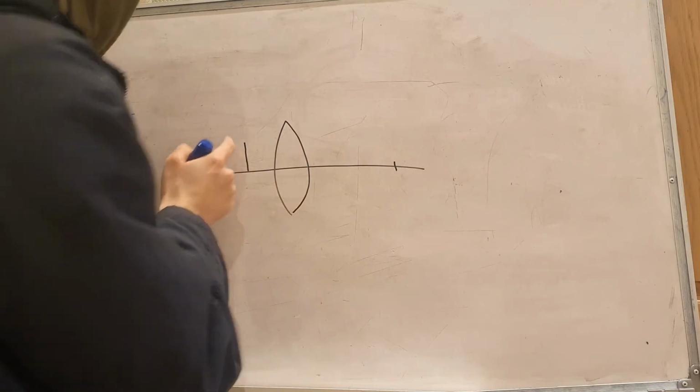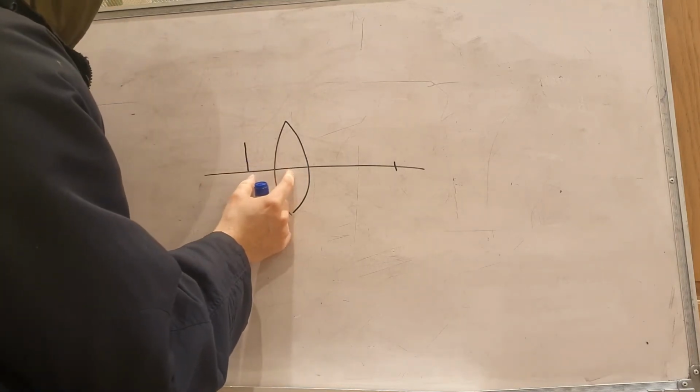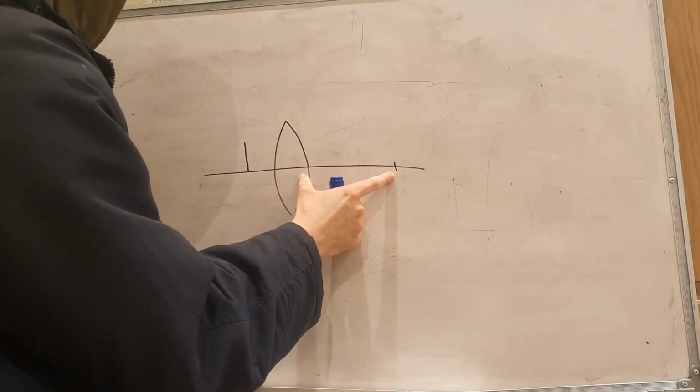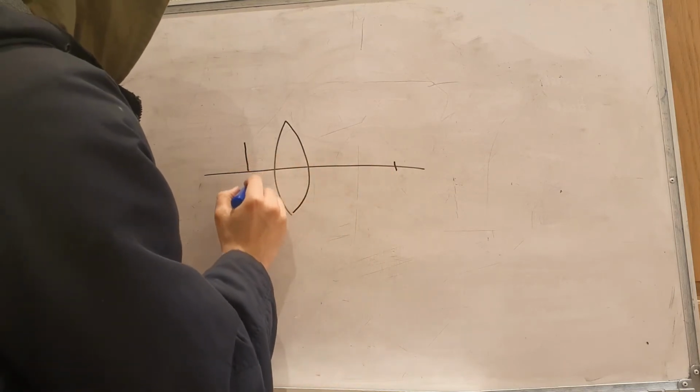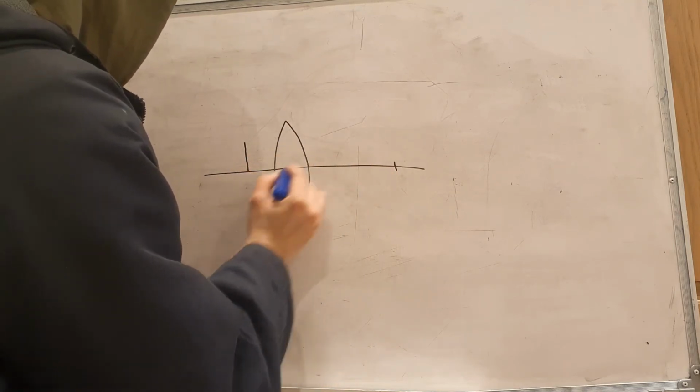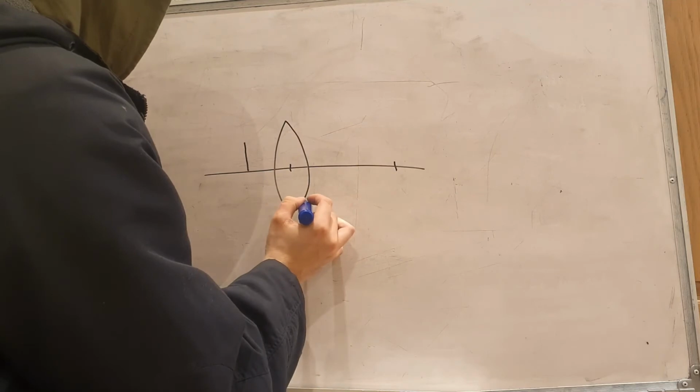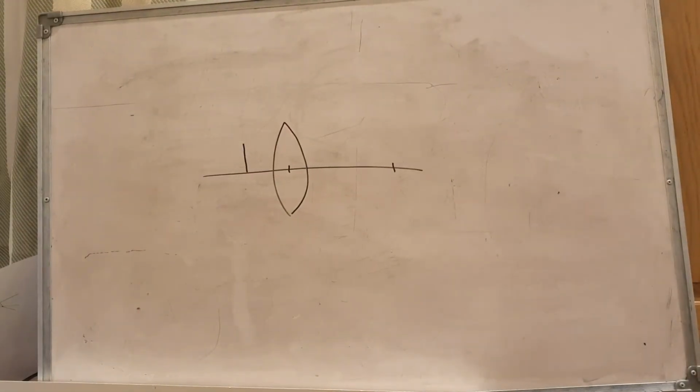So this is the object, and the object distance is less than the focal length. Let's just see what happens. That's the center, and you need a ruler for this, a piece of paper.